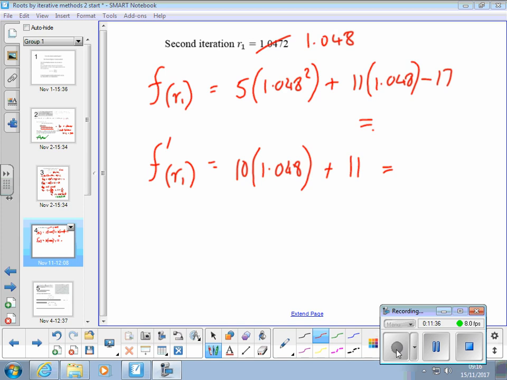So we've got a value for the function at little r1, 0.01952. I'll go with that. And the value of the first differential at 1.048.